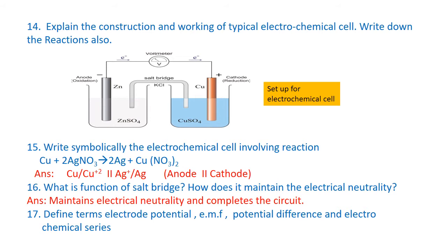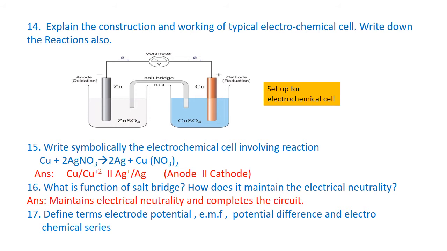Question 16: what is the function of the salt bridge? How does it maintain electrical neutrality? So the function is number 1, it maintains electrical neutrality, and number 2, it completes the circuit. It maintains electrical neutrality at the anode when zinc loses electrons.